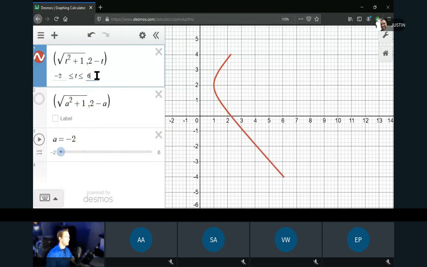Now, this next line of the code is the exact same thing, but instead of t, I put a here, and I don't have an interval. I wouldn't call this advanced Desmos coding, but it kind of is.